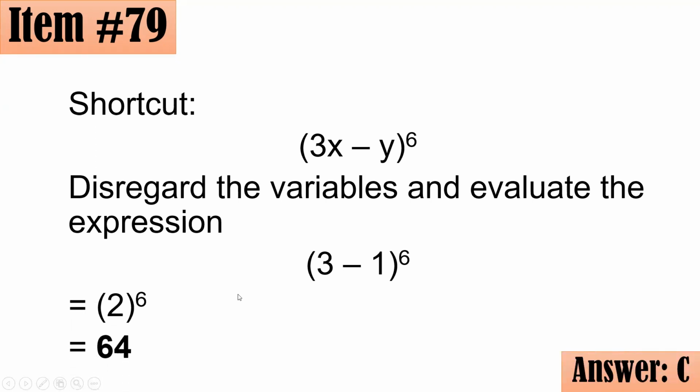Letter C. That's why po, kung makakakita po kayo ng ganito na binomial, tapos raise mo sa power, yung sum lang ng coefficients, yan lang po yung gagawin ninyo. Kasi kung gagamitan mo po siya ng Pascal's triangle, parang napakatagal.